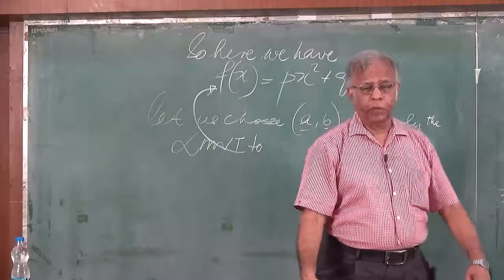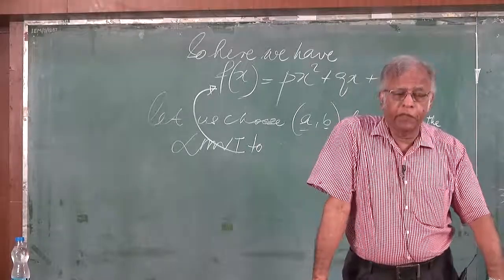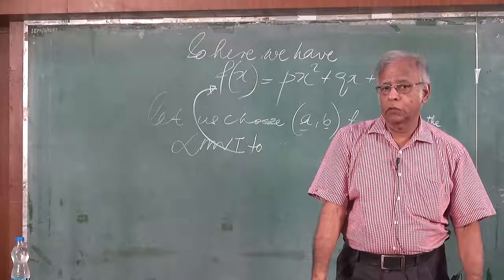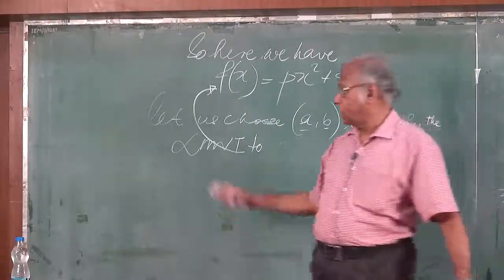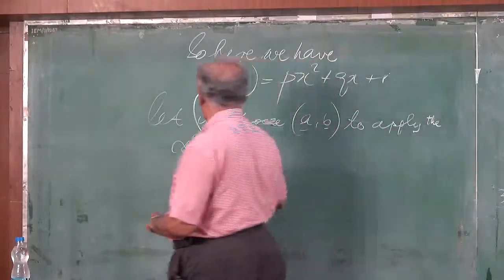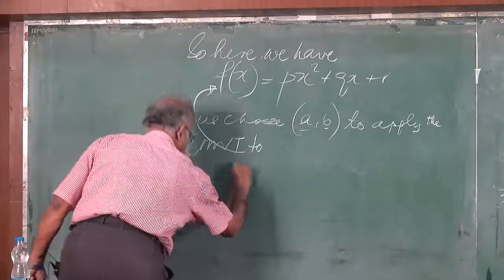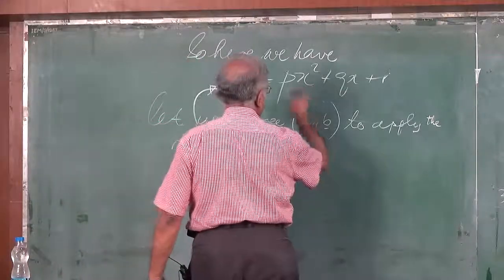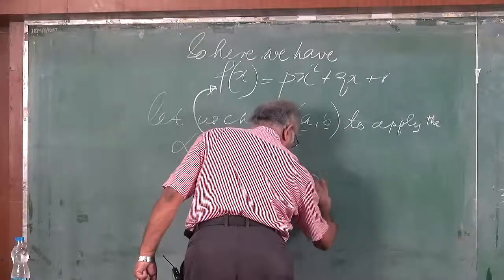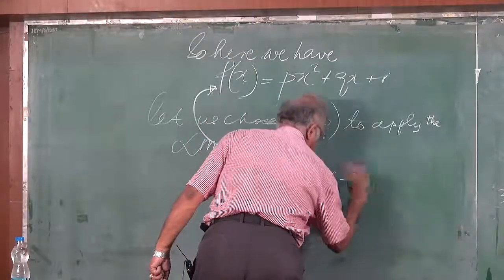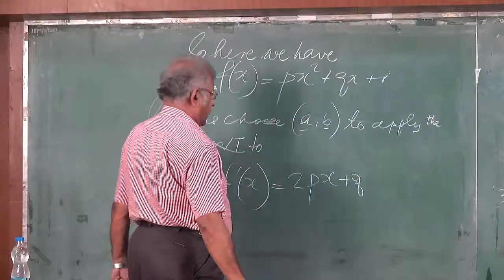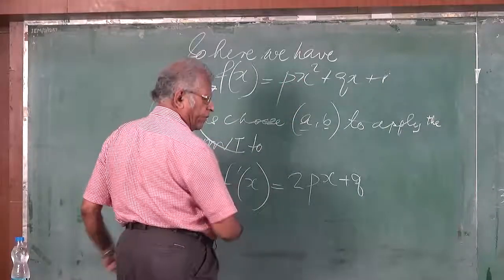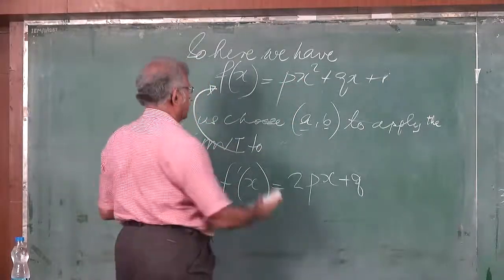So we've taken f(x) to be px square plus qx plus r, and we have taken a general interval a to b. A and b are perfectly general real numbers, and b is greater than a, as we can see. Now from here, f dash x, which we will need, is nothing but 2px plus q. So with this and whatever we have done now, we will apply the LMVT to this quadratic function.